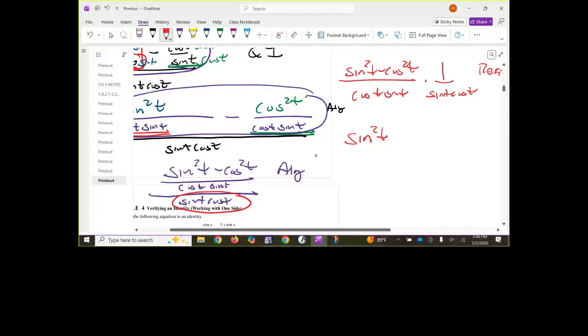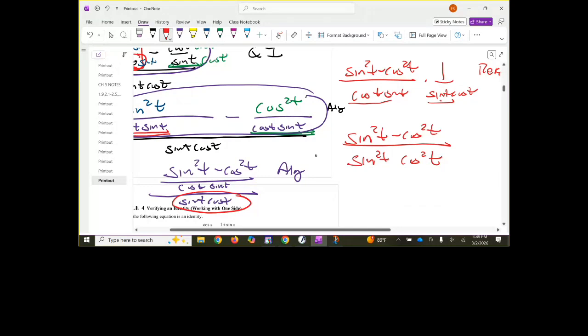So I've got sine squared t minus cosine squared t. We're putting these guys together, just multiplying. Sine and sine, sine squared t, cosine squared t. I've seen this, and I'm trying to see, what am I trying to get at?